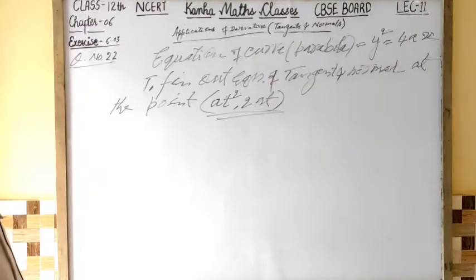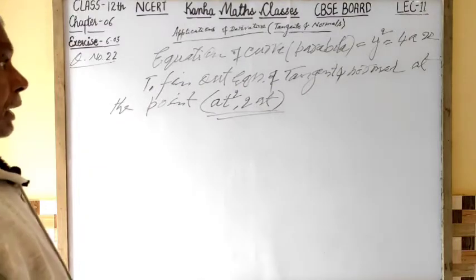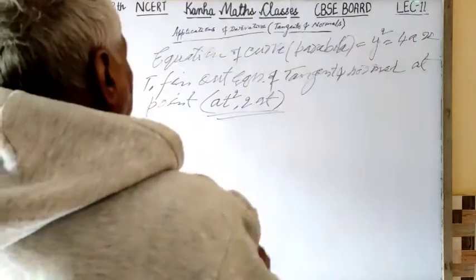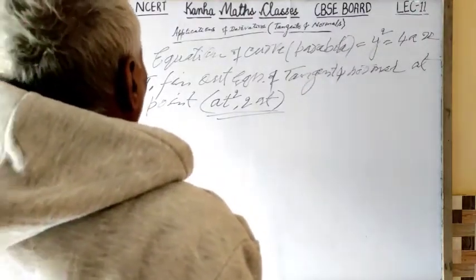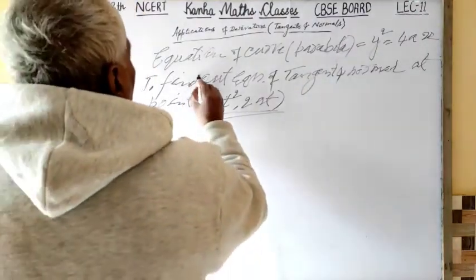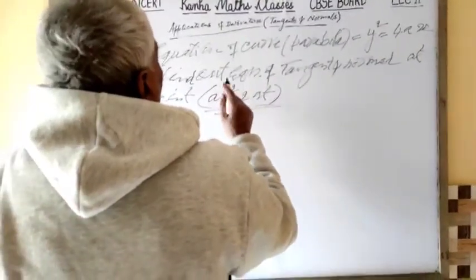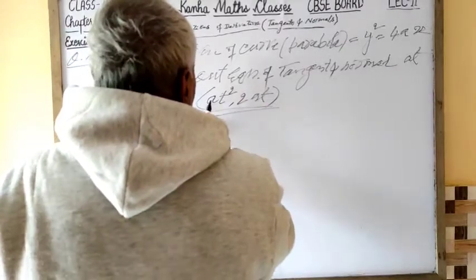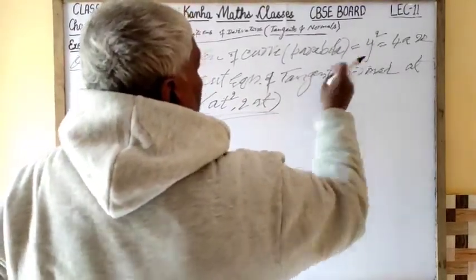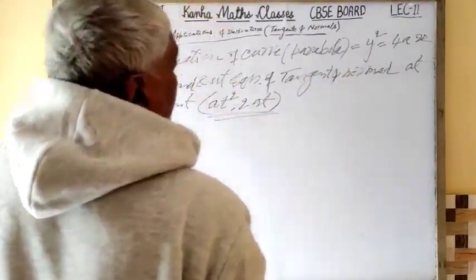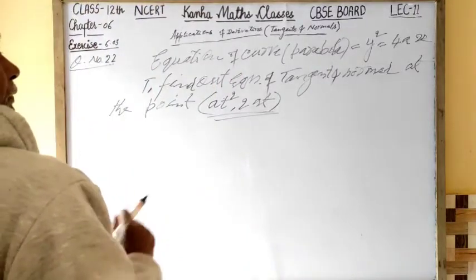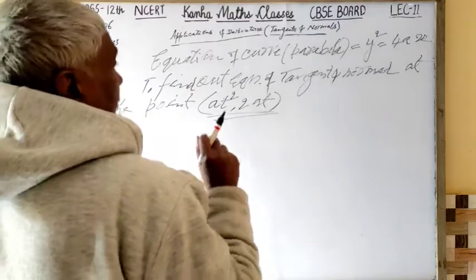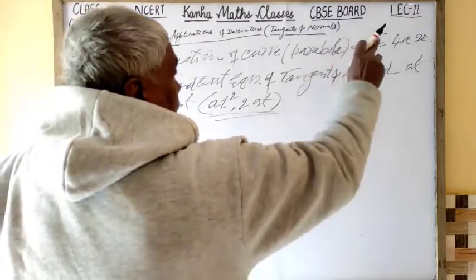Here in question number 22, the equation of the curve is given, obviously it is a parabola, that is y square is equal to 4ax, and you have to find the equation of tangent and normal both at the point given. First of all, we will find the slope dy by dx by differentiating the equation of the curve with respect to x.